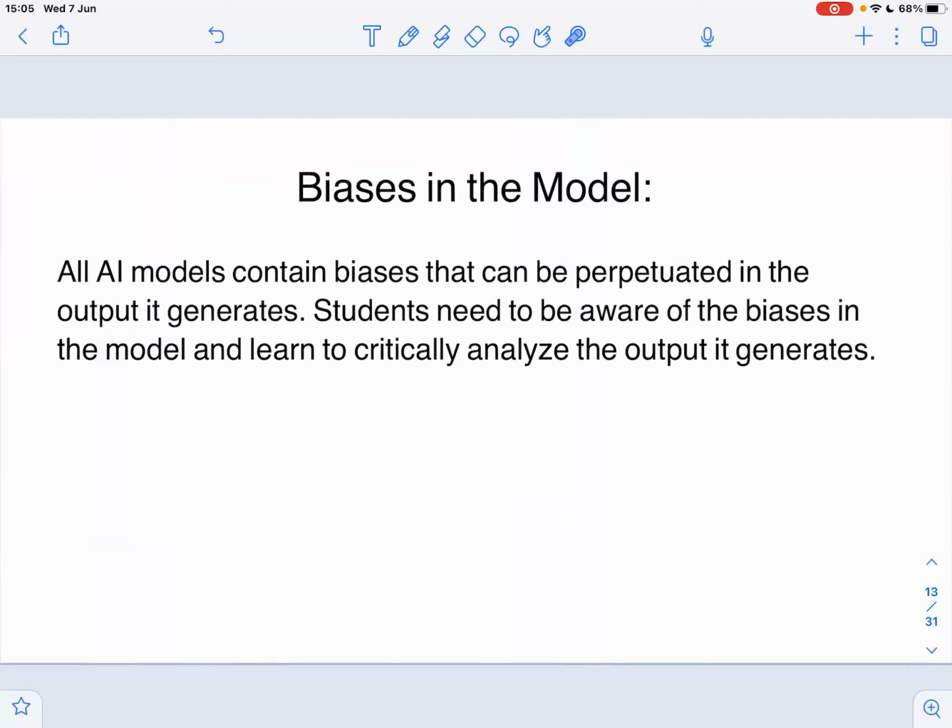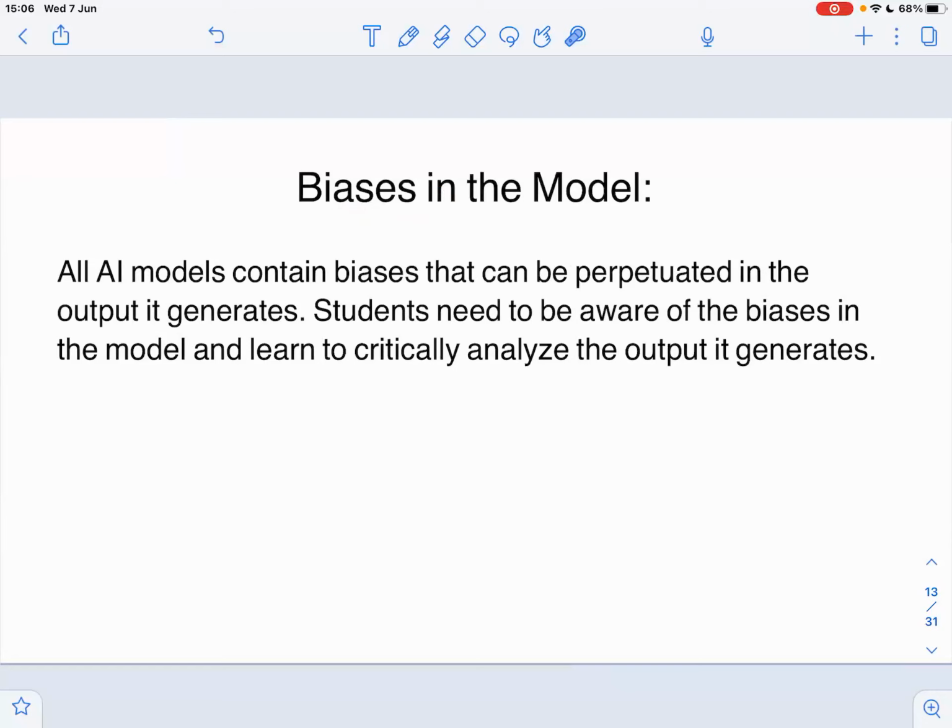We need to be aware that these large language models have been trained on certain texts, and these texts are all biased in a way. Every model, which is a representation of reality, has a bias in it inherently.